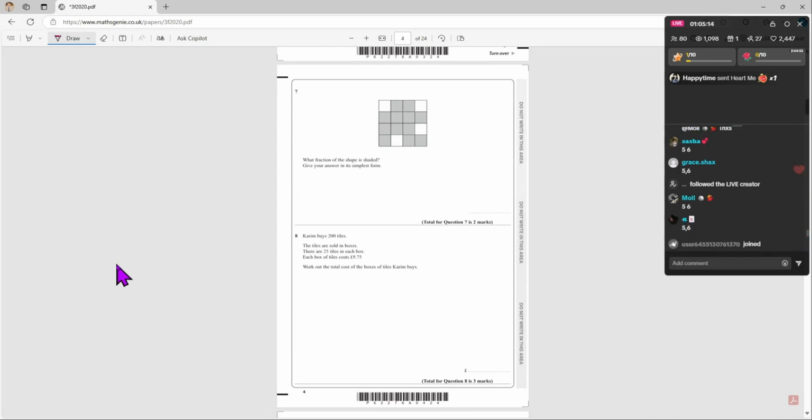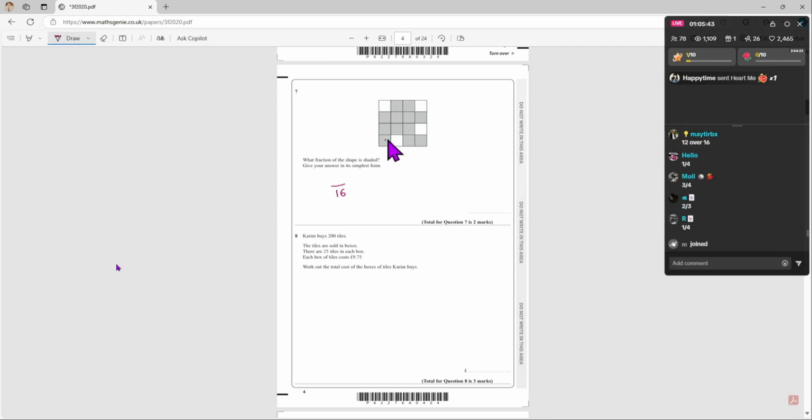What fraction of the shape is shaded? Give your answer in the simplest form. The easiest way to answer this question is to actually just count the shapes. We're going to count how many there are in total. This is a 4x4 grid, so it's going to be 16 squares in total. That's going to be our denominator. Now we're going to count how many are shaded.